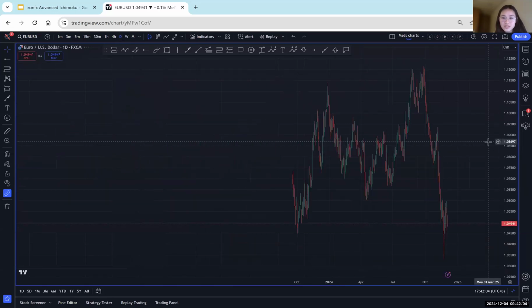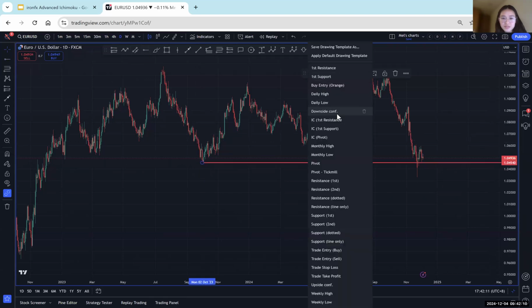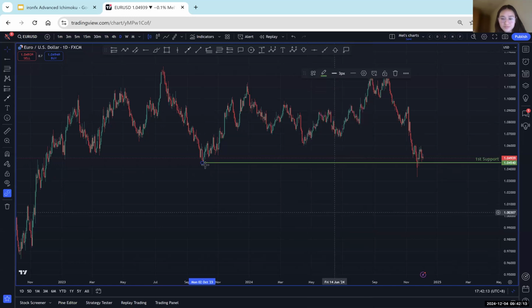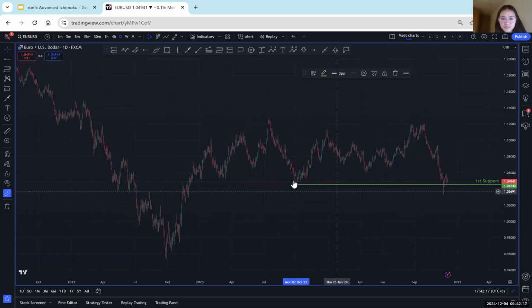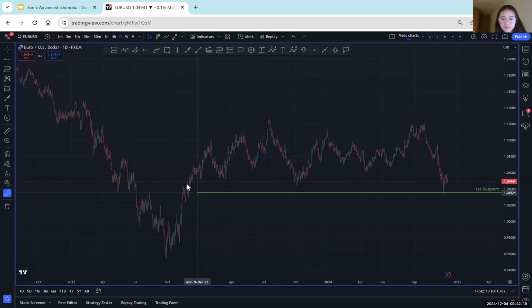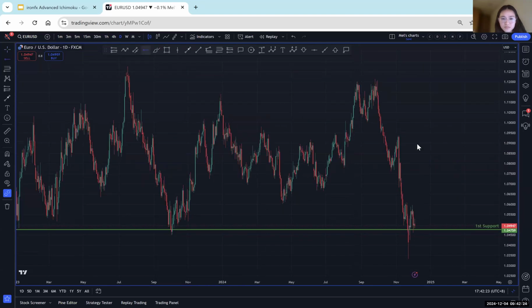Okay, now on our daily time frame, okay, this is my first support. And my first resistance, I think I'll place it maybe here, since it's in line with mini swing lows and swing highs as well.